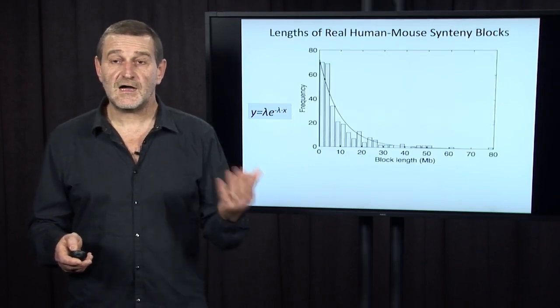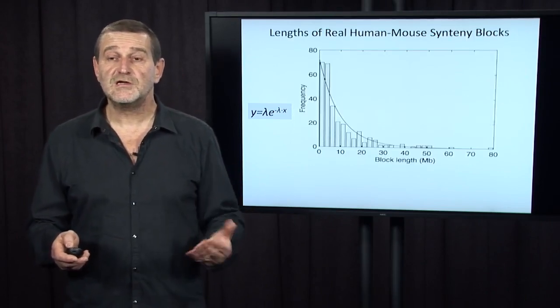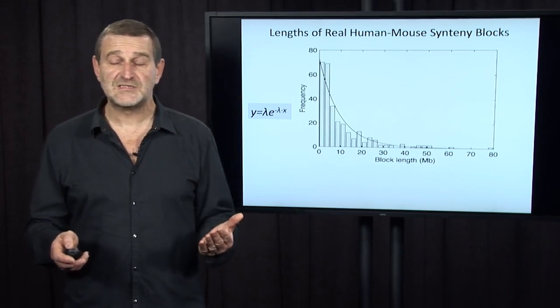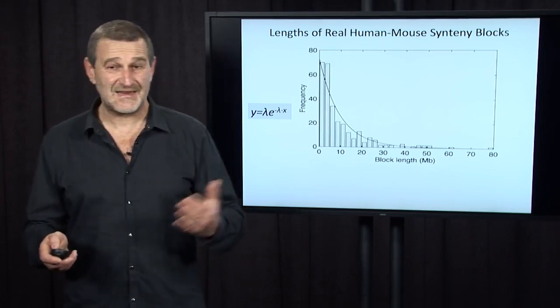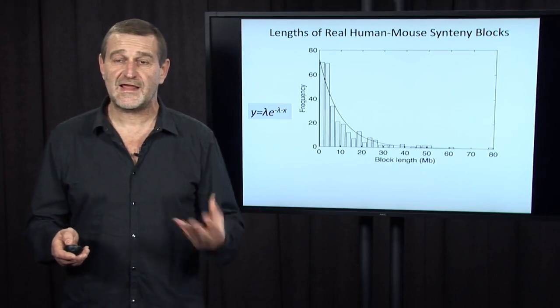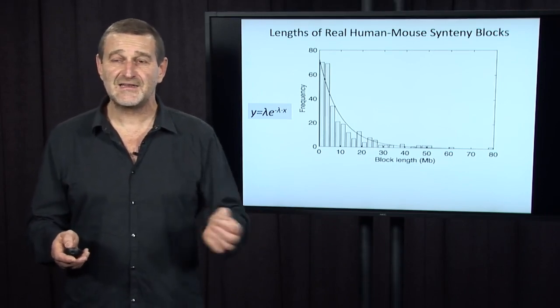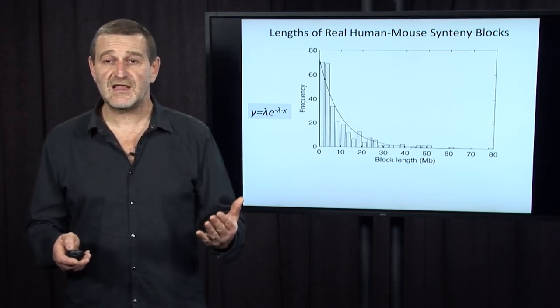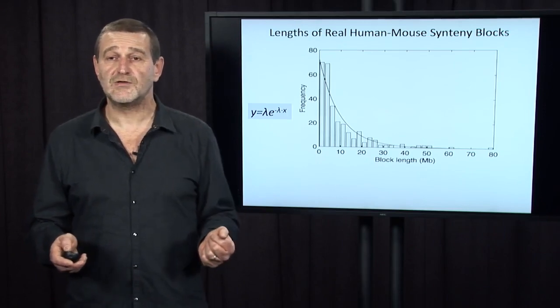compared the synteny block distribution for real human and mouse data, despite the fact that in 1994, when the work came out, there was very little information about the length of human-mouse synteny blocks.